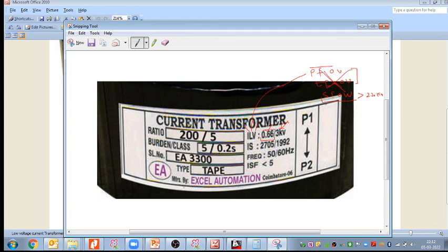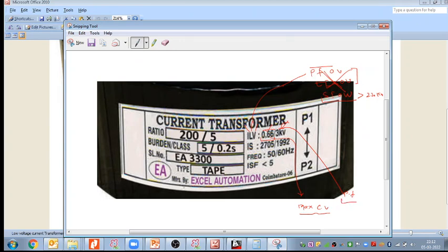It could be the maximum continuous over voltage, and 3 kilovolt is the power frequency over voltage. Yes, because for LT, lightning is not applicable, that is why 3 kilovolt is the power frequency over voltage.